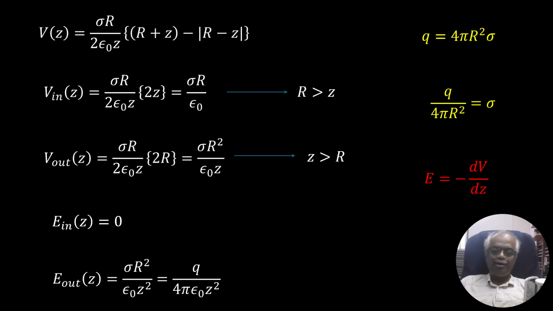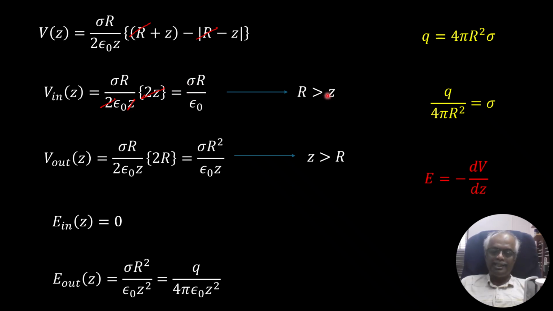So this will become r minus z. So this r will get cancelled in this case. So you have z minus z is plus z. You will get 2z. So naturally, this 2z will get cancelled with this 2z. So you will get sigma r over epsilon naught.